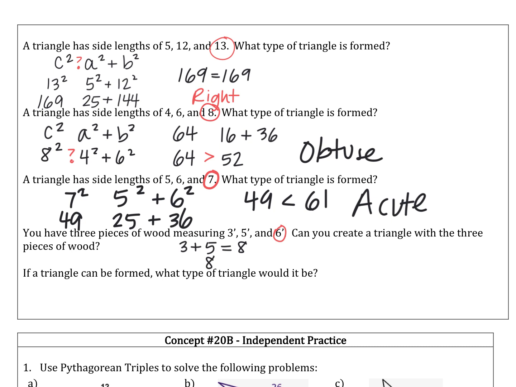Okay, so can you make a triangle? Yes. But now I want to know what kind of triangle it is. And so this is where you now take the longest side, 6, and see how it relates to the other 2 squared. Okay, so 6 squared. How does it relate to 3 squared plus 5 squared?